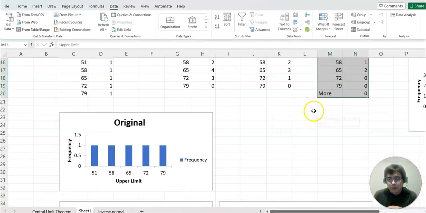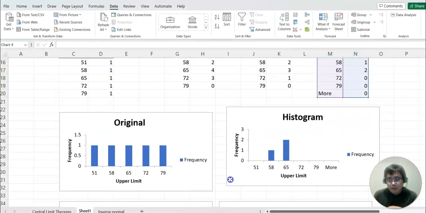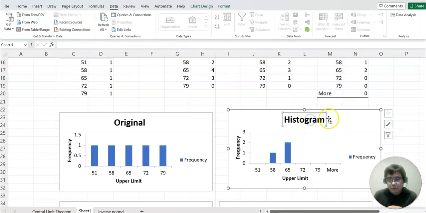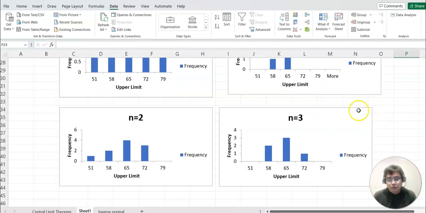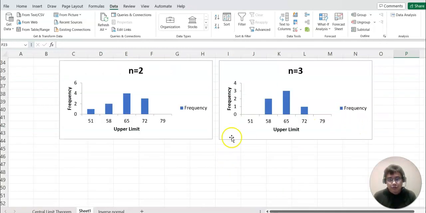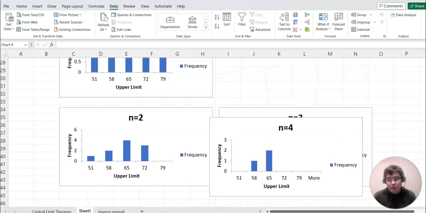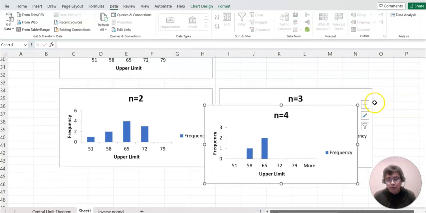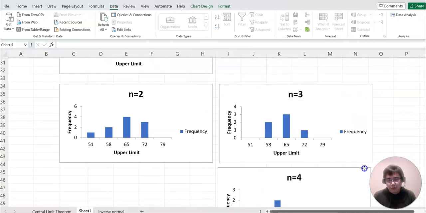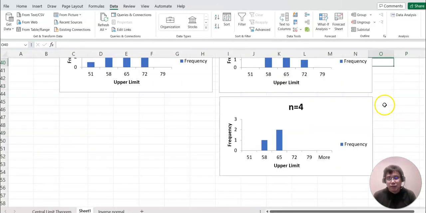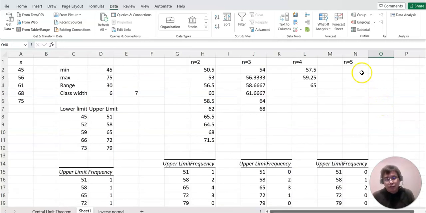Then I'm going to put n equal to 4 here. Now I will put n equal 3 and then n equal 4 below n equal 3 here, so we can compare.